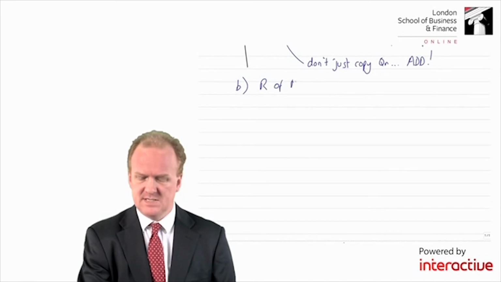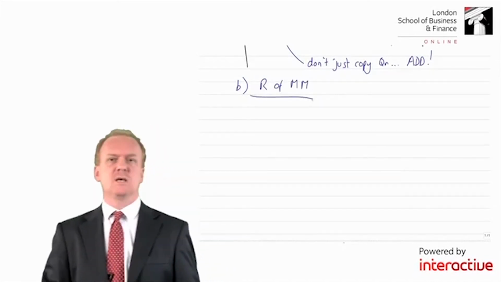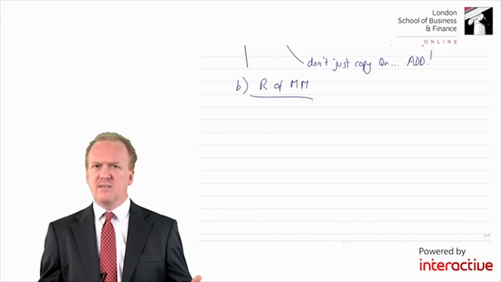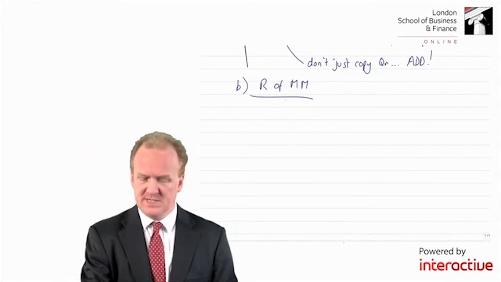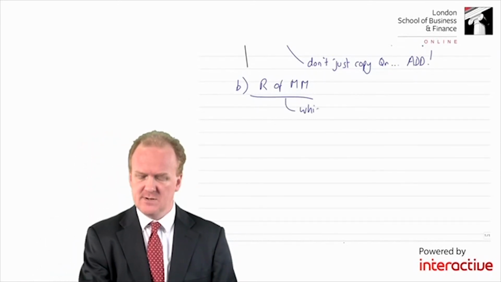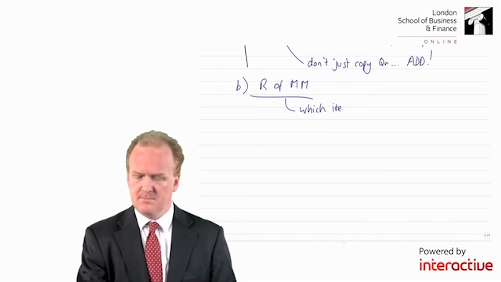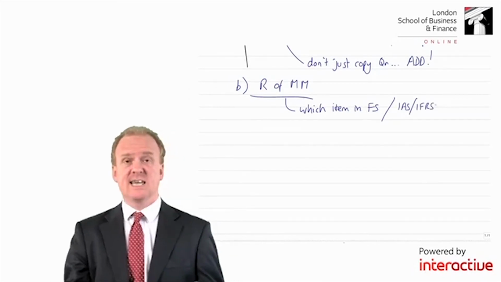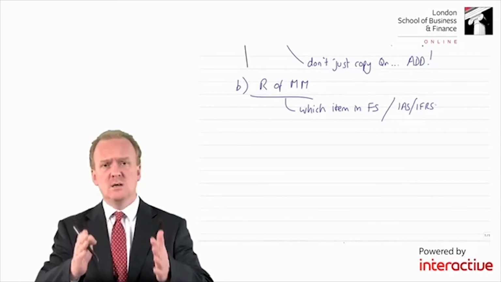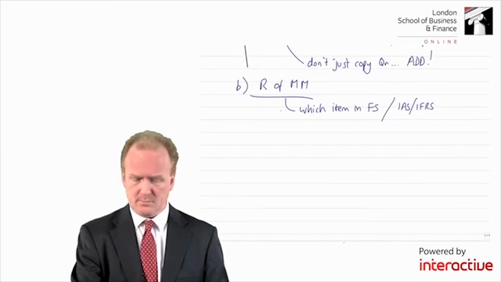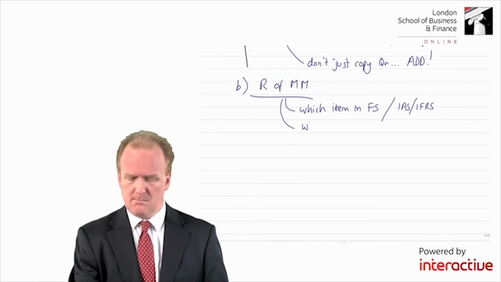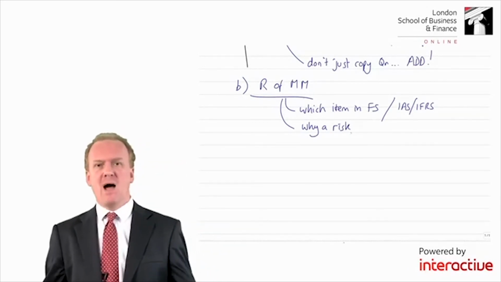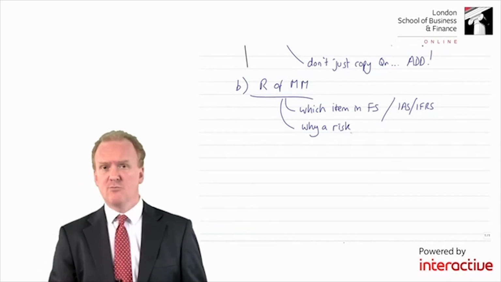Risks of material misstatement. How should I be explaining these? Well, I should be talking about which item in the financial statements and maybe an IAS, IFRS or accounting standard relevant to what I'm reading. I need to explain why I think they might be at risk of getting this thing wrong.